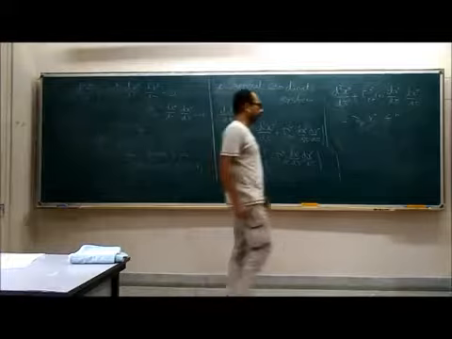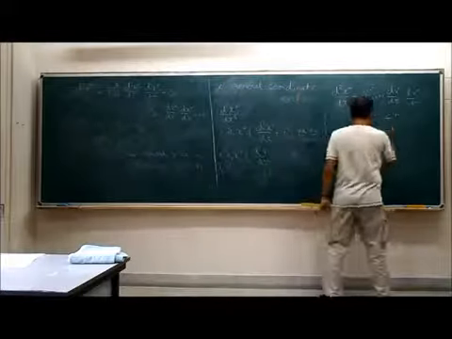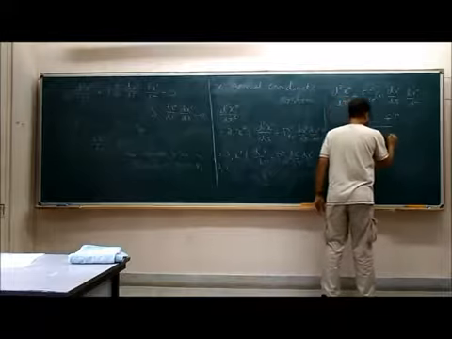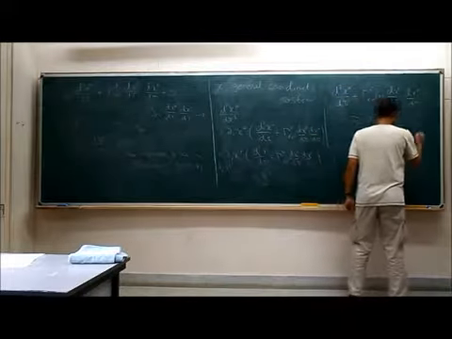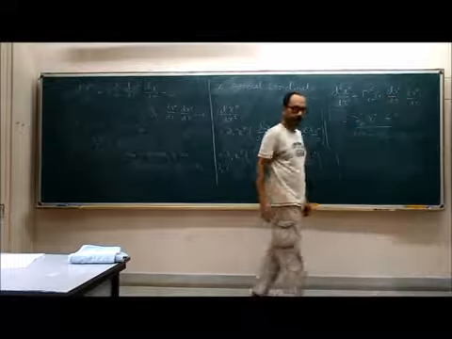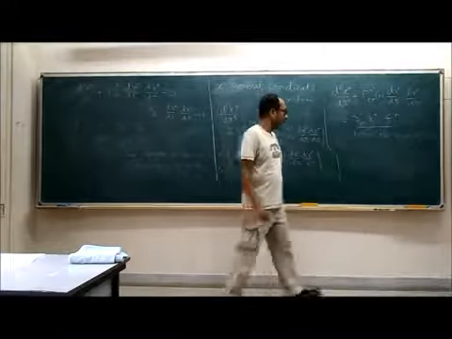So the idea now is that we define this, by definition, to be f mu of x. Sorry, f alpha of x.